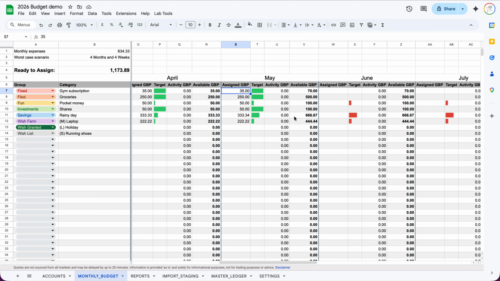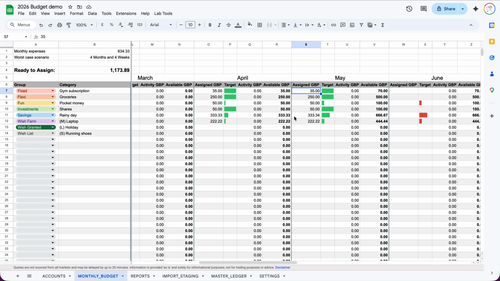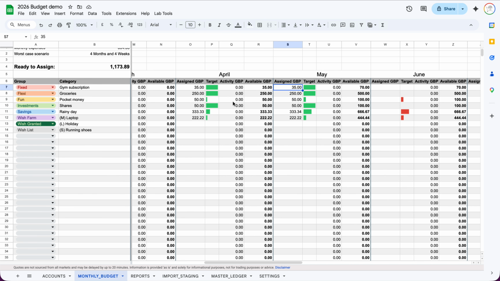And yeah, that's basically how you set up your categories. Targets are just, if you are curious, saying that you said you were going to save £35 every month. And as long as you are reaching £35 every month, that target is full and it is green because you have met it.